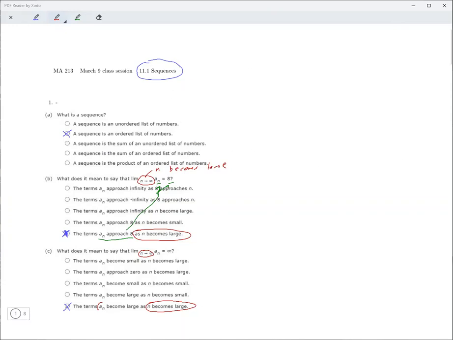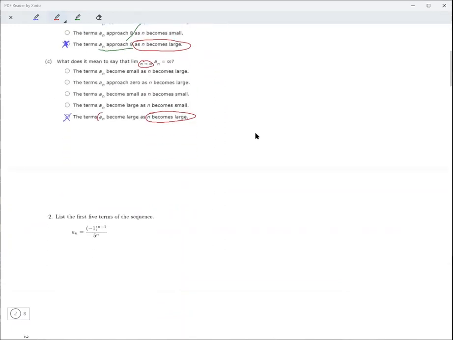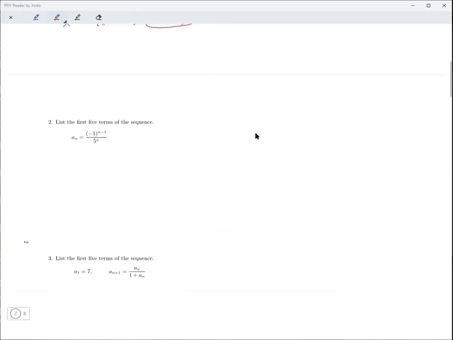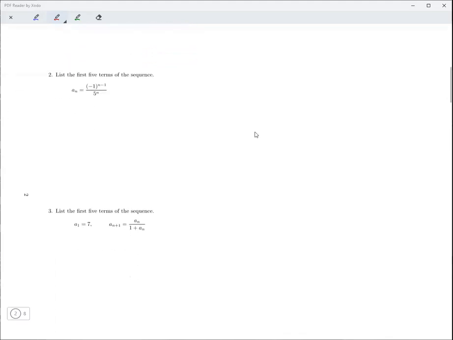Okay, so let's do some examples of sequences. I got to scroll down this time. So that's the first 5 terms of the sequence. Some sequences start with 1, and if you look at the context of the problem, it starts with 1.